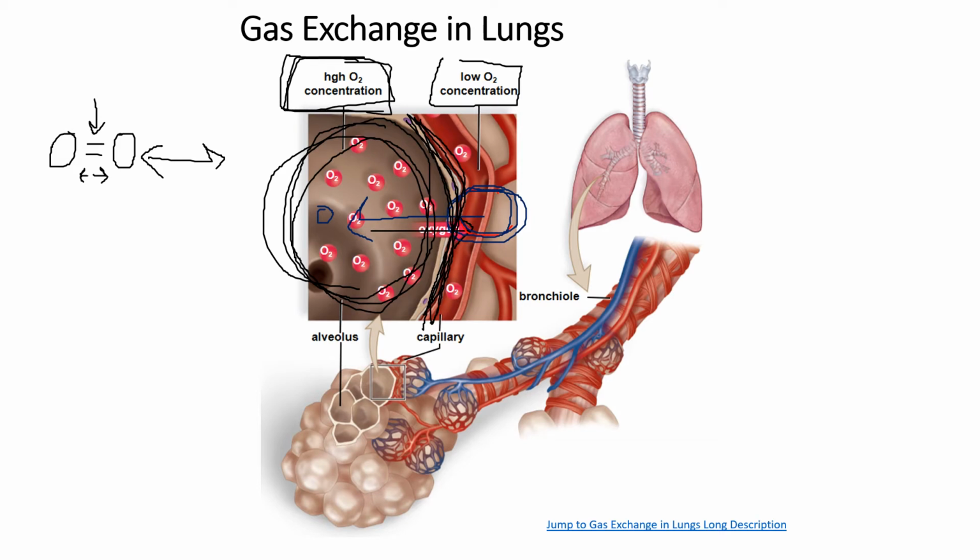And then our cells will use up the oxygen from our blood. So the oxygen concentration in our blood is always low. And that way there's always a concentration gradient where oxygen wants to move into our blood. Pretty cool.